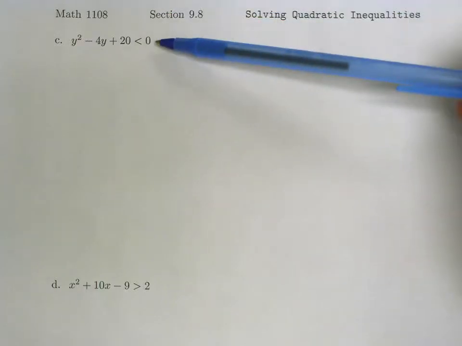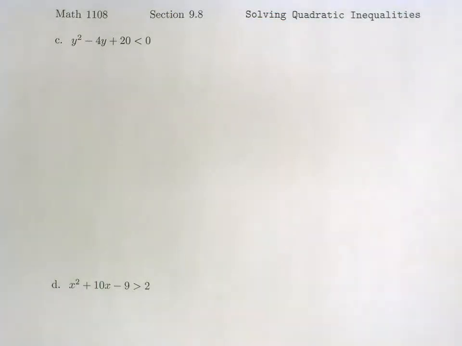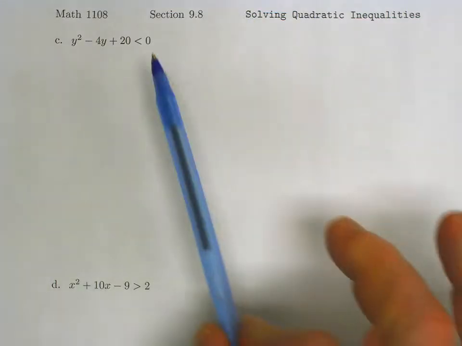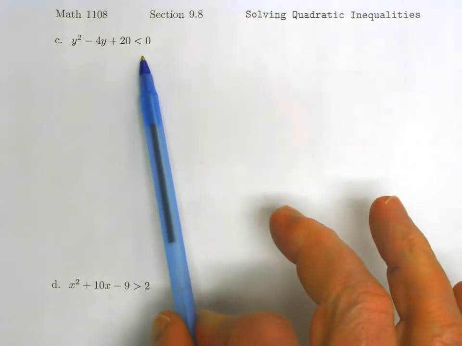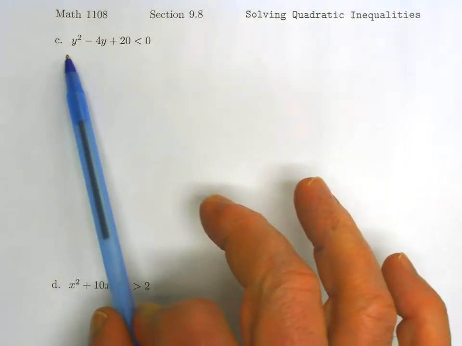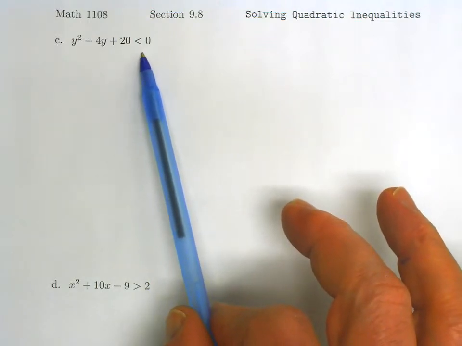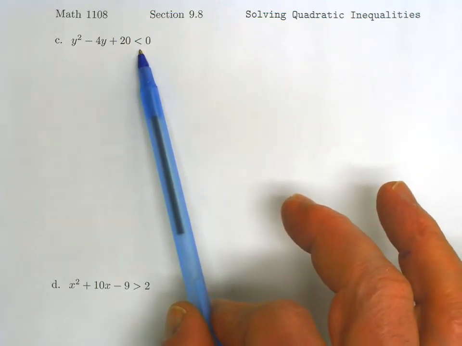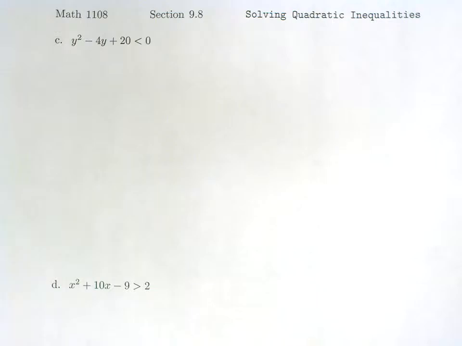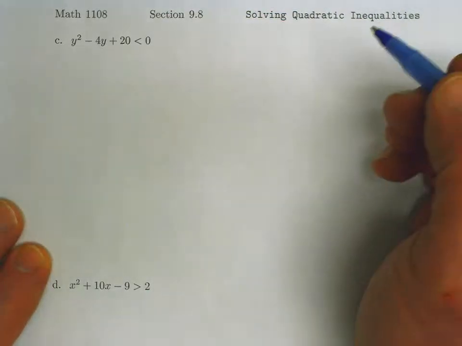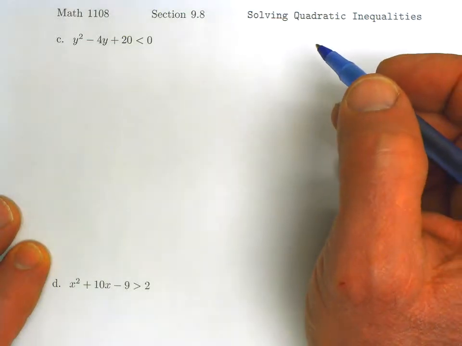Well, it's already in standard form. One side is 0. I'll just point out right from the start that any endpoints will not be included because it's not or equal to 0, it's just less than 0. Okay, but we want to find the endpoints.